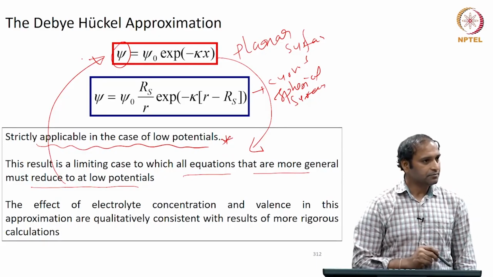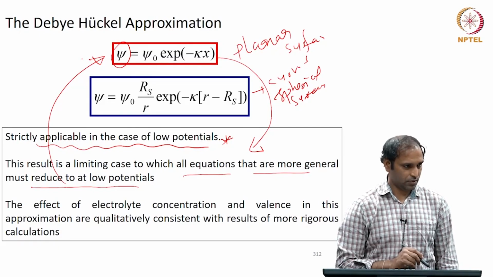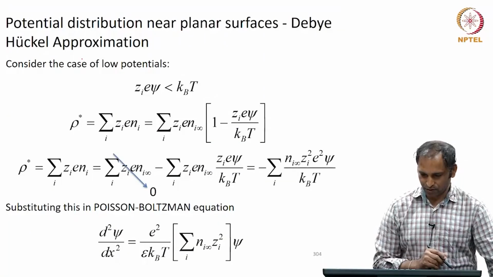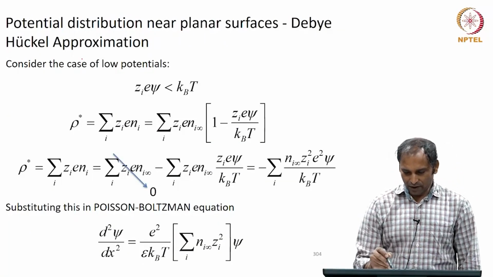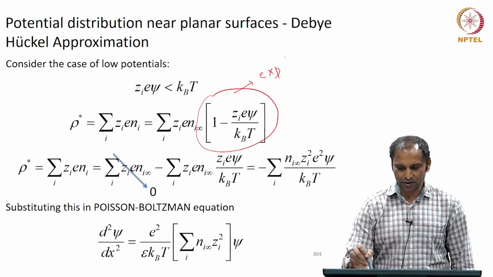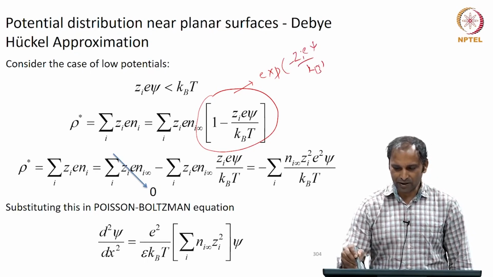Yeah. Low potential means the charges, the particles are less, or no, when I say, let me go back to that. So what do I mean by low potential? When we wrote this, I said there was an exponential term here. This was actually exponent minus zi e psi by kbt.